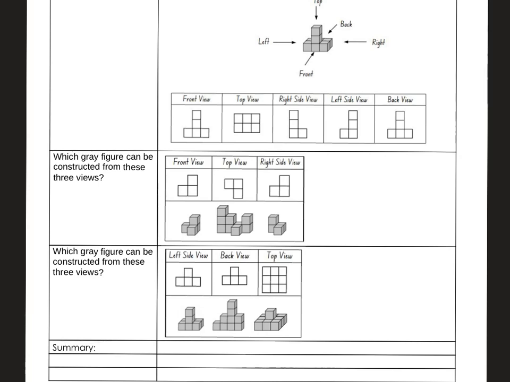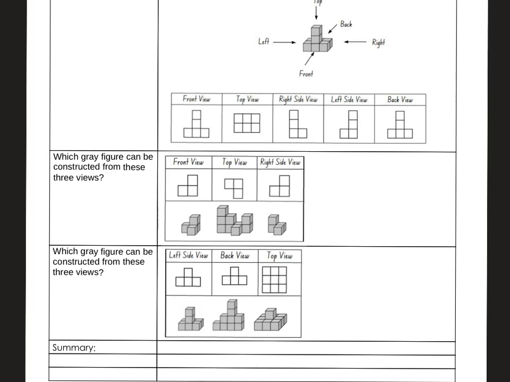Okay, so these notes are just one page, and next we're going to look at two different questions. These questions give us the different views, and we have to determine which 3D object it is referring to.